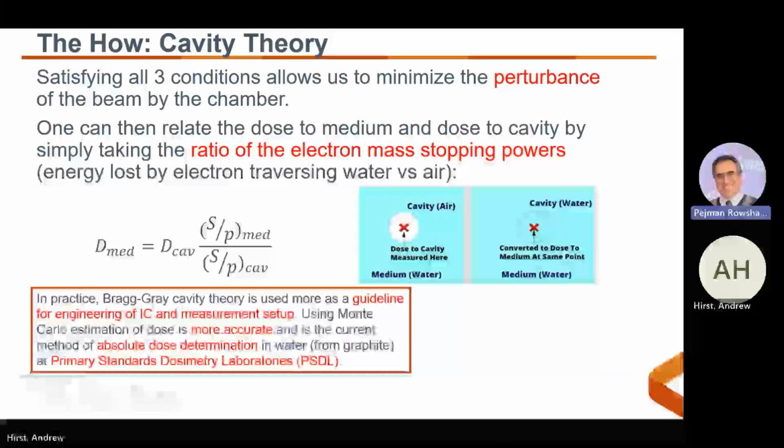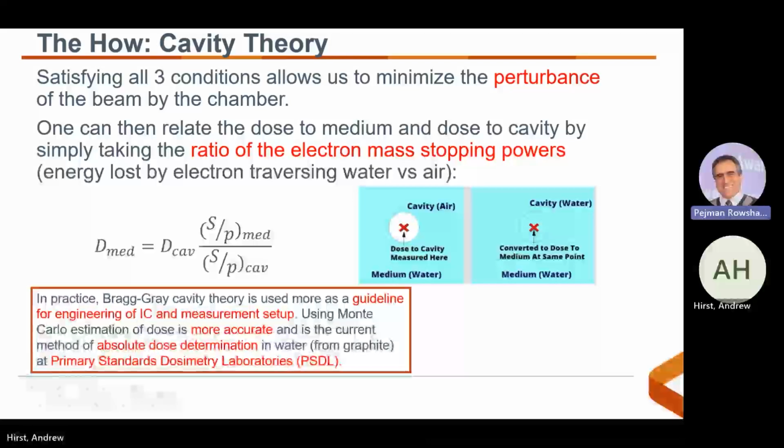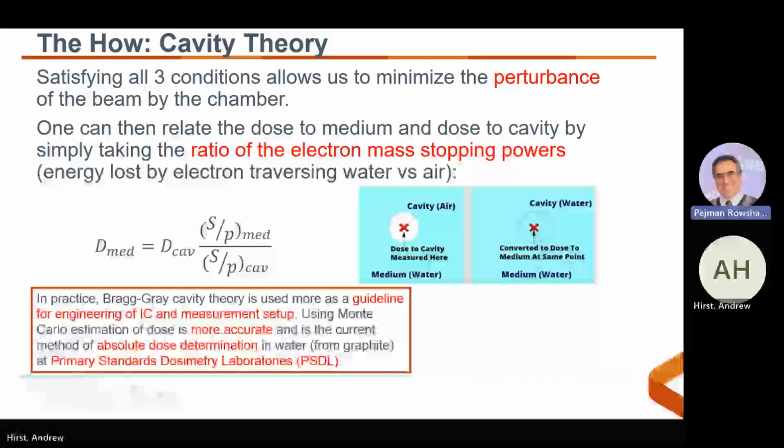This is a theory from the 60s. In practice today, Bragg cavity theory is used more as a guideline for the engineering of ionization chambers and for measurement setup. In practice, the use of Monte Carlo methods to estimate the dose is more accurate, and that's what's currently used for absolute dosimetry at primary standards laboratories.